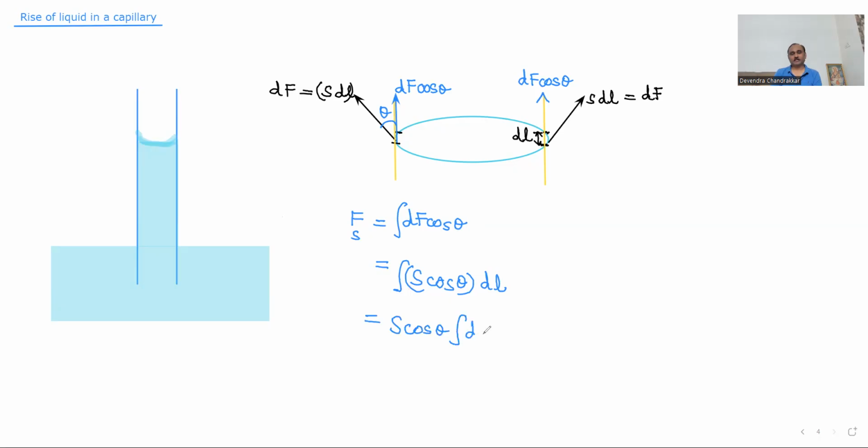So S cos theta times the integral of dL, which we are integrating from 0 to 2 pi r. What is this 2 pi r? It is the circumference, where r is the radius of this tube. We are observing all the lengths on the periphery of this free surface.